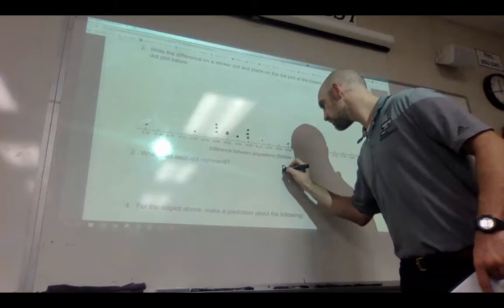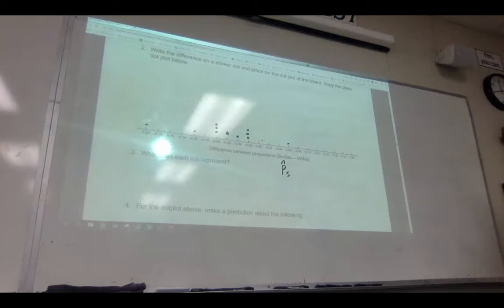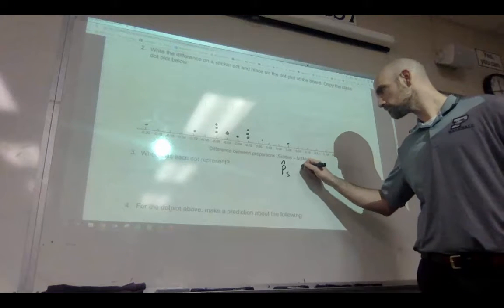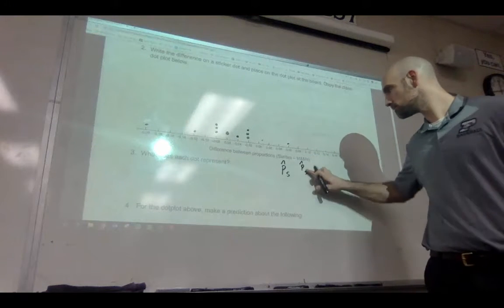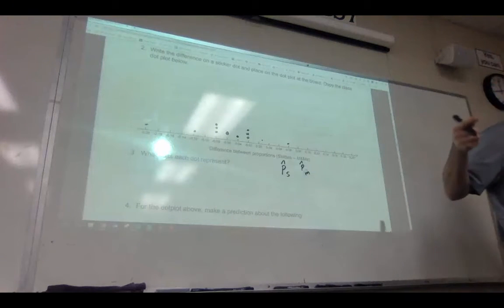P hat subscript S. What do you think that means? A sample proportion for Skittles. So how might we label the M&Ms one? P hat sub M, because P hat sub M is the sample proportion for the M&Ms.